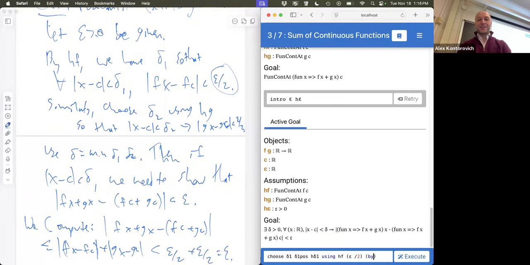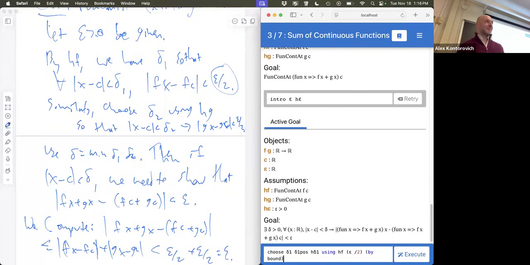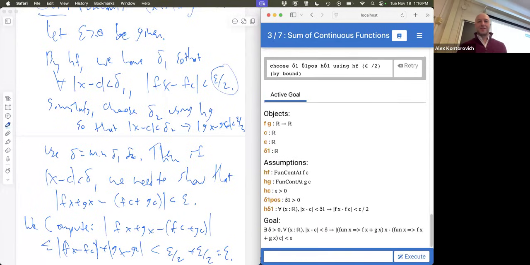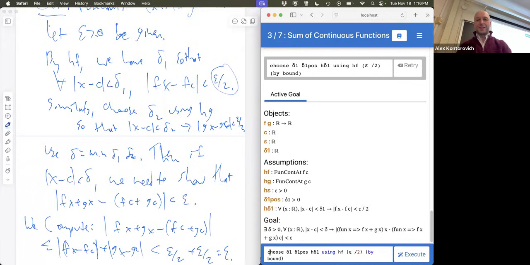And why is that positive? By bound. Okay, everybody see that that's the right thing to do? I'll copy that. Hopefully that'll work. I'll paste it and do a delta 2. Oops. Delta 2. Delta 2 is positive. H delta 2 using HG.